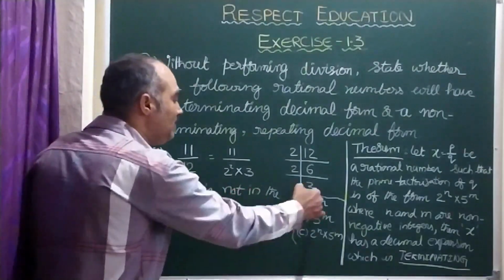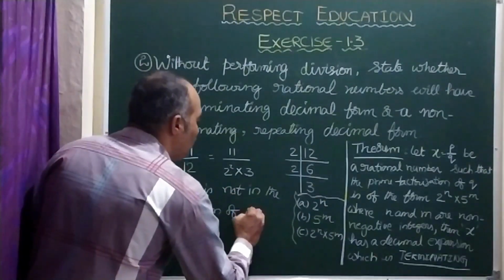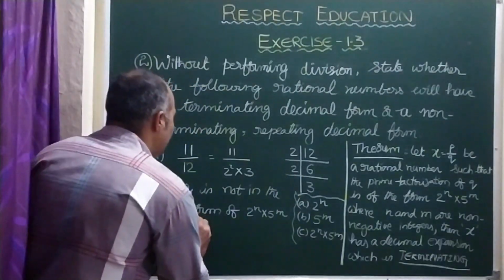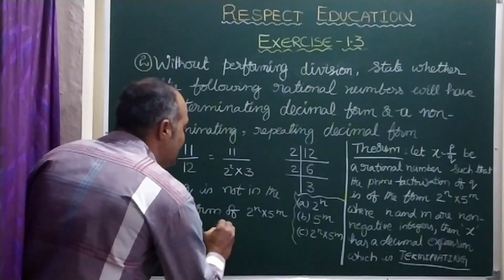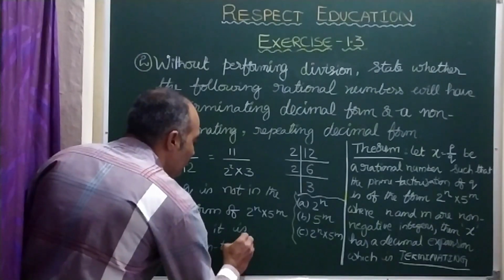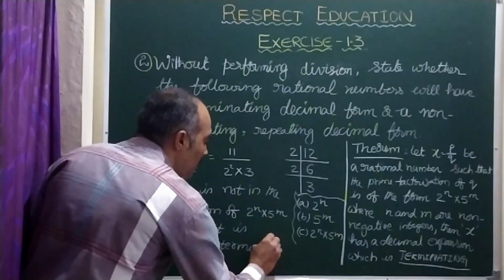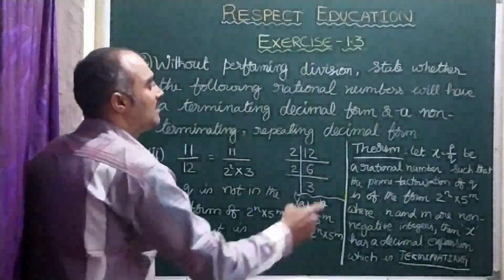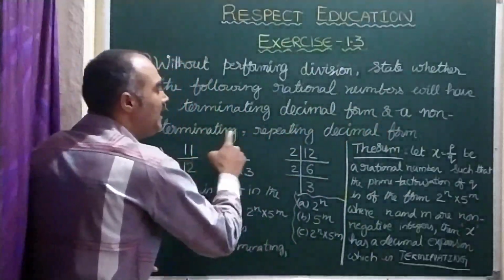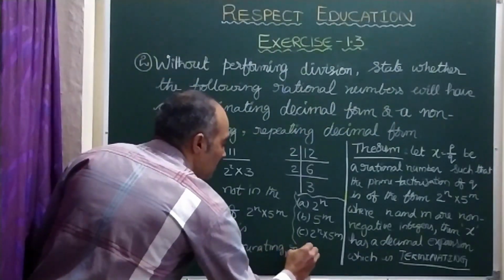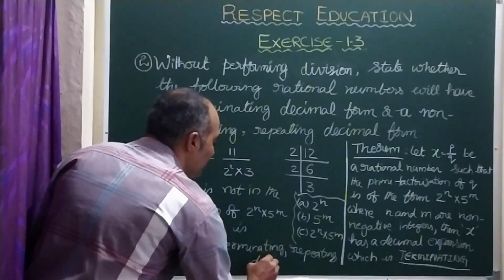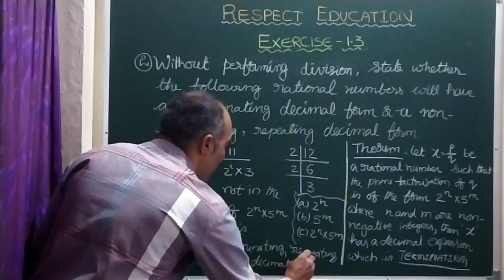That's why it is not in the form of any one. We cannot write this in the form of 2 power n into 5 power m for some integers m, n. So it is non-terminating. See here, children, if it is not terminating, then it is a non-terminating repeating decimal form.